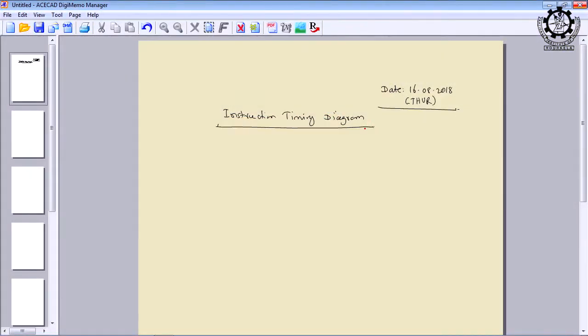Or you can say the instruction timing diagram is a pattern or a tool to make you understand exactly how much time a microprocessor instruction takes for execution. Okay. If you write the instruction timing diagram of an instruction, anybody who sees it can easily grasp the total execution time of the instruction, and that is the purpose of developing an instruction timing diagram, right.